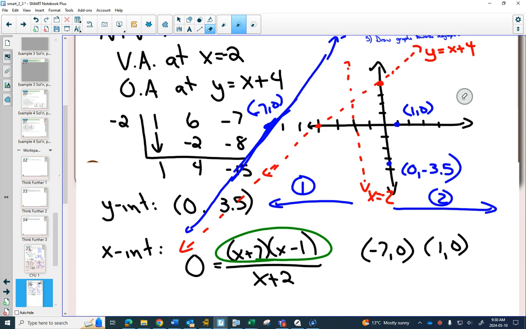That's that section. Weird. What does the other section look like? Well, you're going to join these 2 points, and then you're going to go towards those asymptotes again. This is your final graph. We didn't need any other nice points, because we had a point in section 1, and we had 2 points already in section 2.